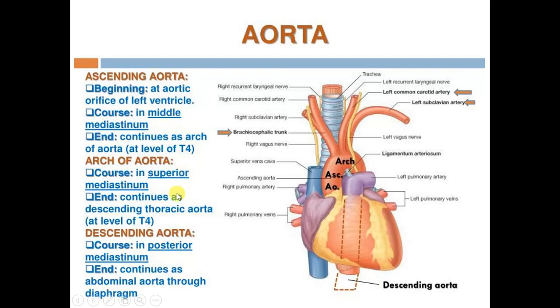But the arch of aorta, because it's a very short part, starts from the sternal plane in the superior mediastinum and ends at the T4 level, the disc between T4 and T5. Then starts the descending aorta, and it continues up to the diaphragm as the descending thoracic aorta.